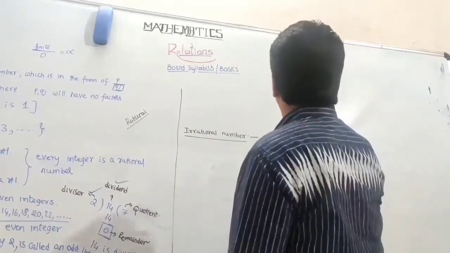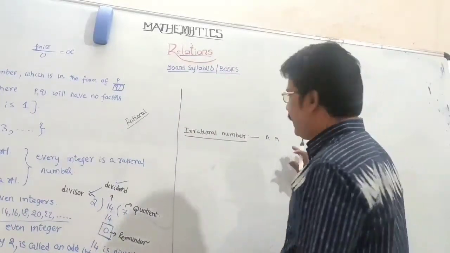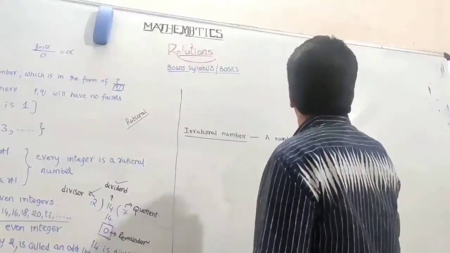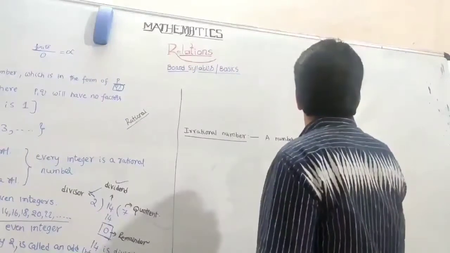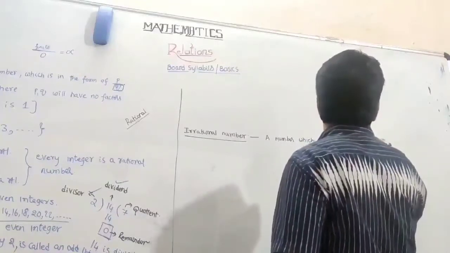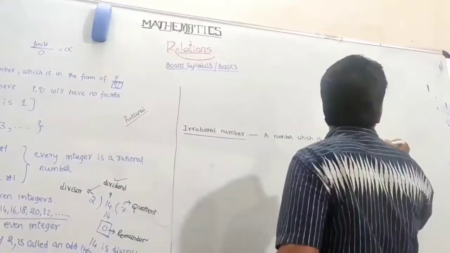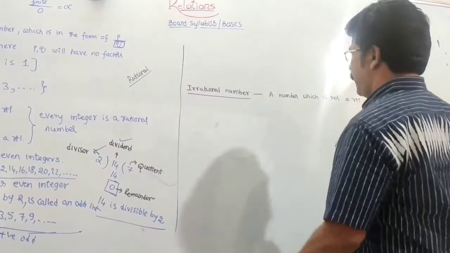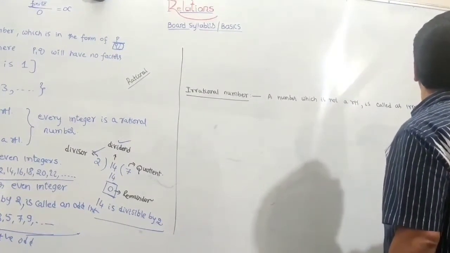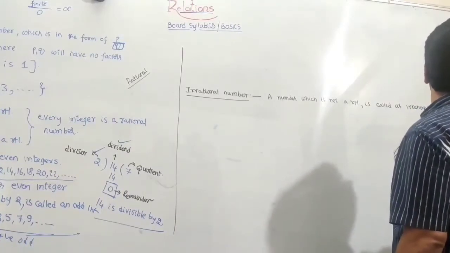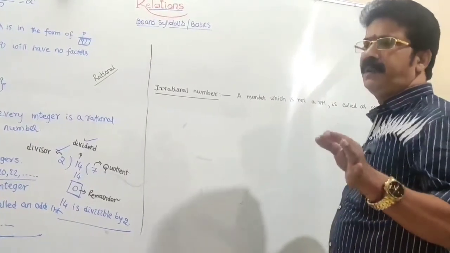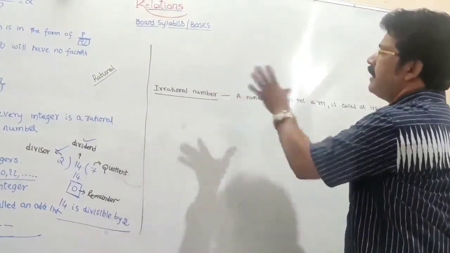A number which is not rational is called an irrational number.